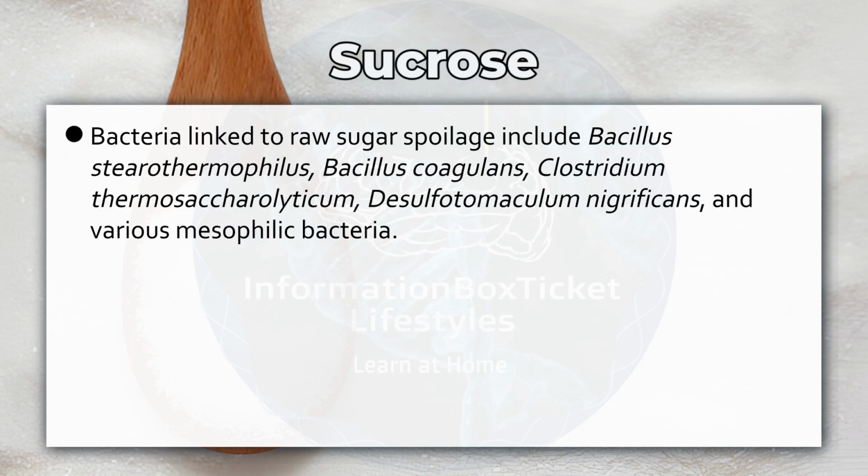Bacteria linked to raw sugar spoilage include Bacillus stearothermophilus, Bacillus coagulans, Clostridium thermosaccharolyticum, Desulfotomaculum nigrificans, and various mesophilic bacteria.